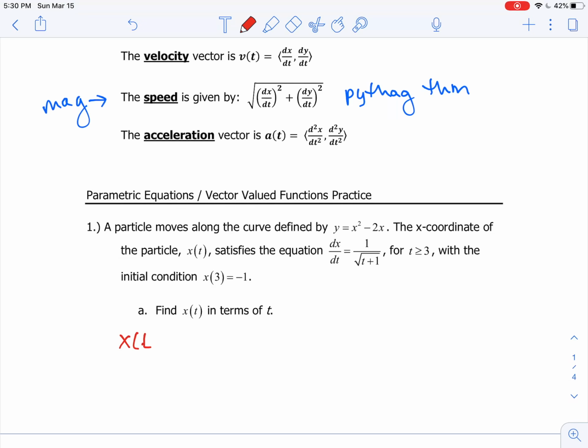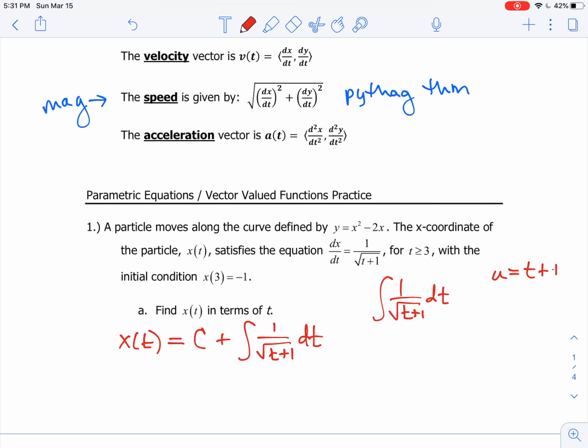Well, let's see. x of t would be some constant plus the integral of dx/dt. Okay, so what I'm thinking is I would take this integral and I would probably do a u sub, but then the du is just dt.